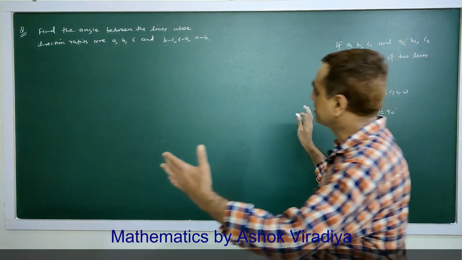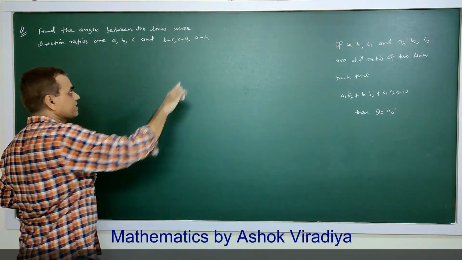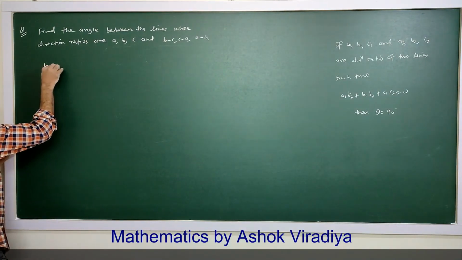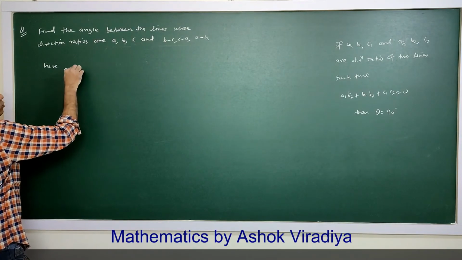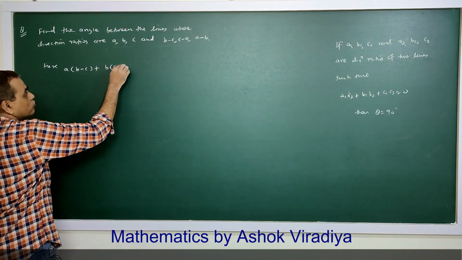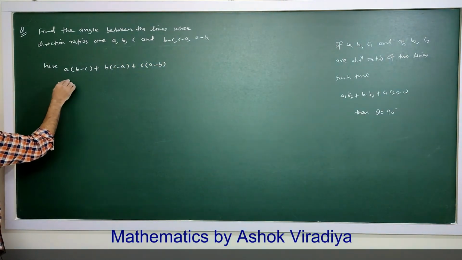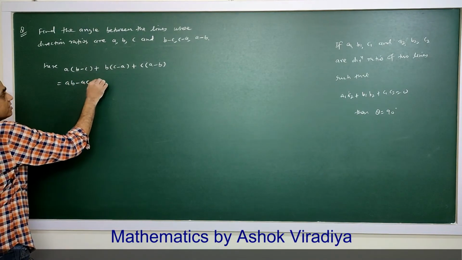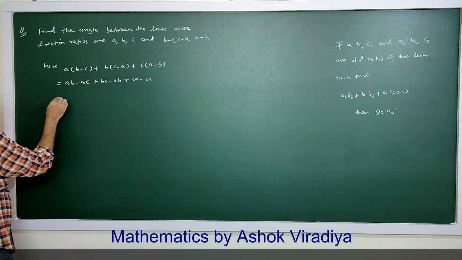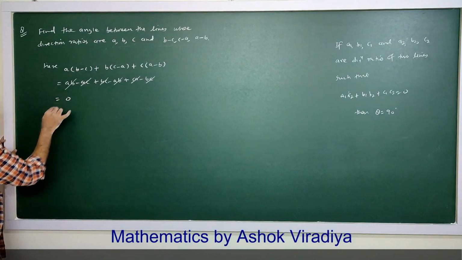By observation it is clear that if you take the sum of products of these two triplets, it will be 0. So A1 A2 plus B1 B2 plus C1 C2 is equal to AB minus AC, BC minus AB, CA minus BC. Here these will cancel, so it is 0.